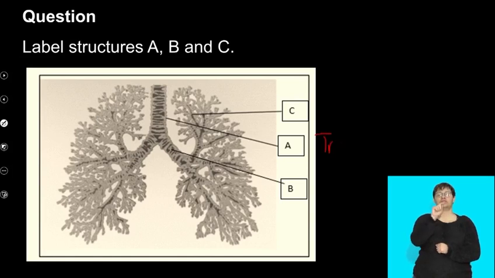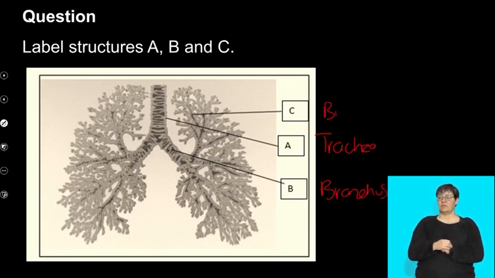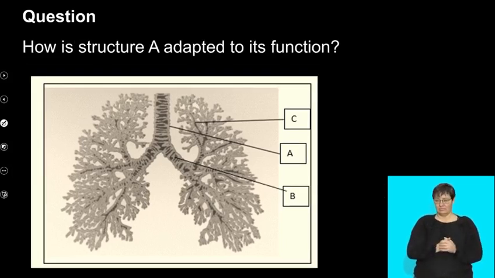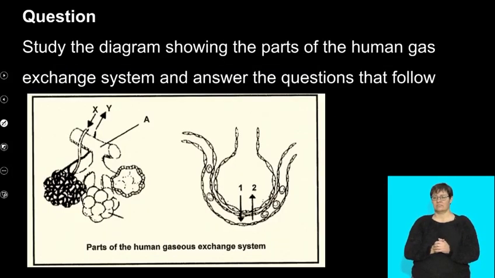A is my trachea. B are my bronchi or my bronchus. Either way is fine. And C are bronchioles.